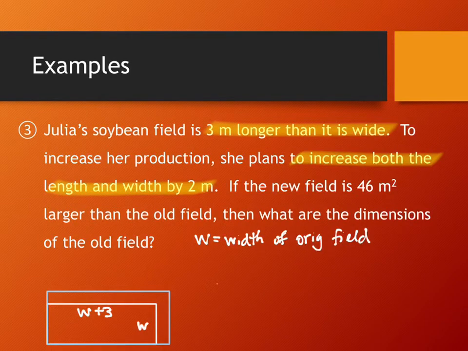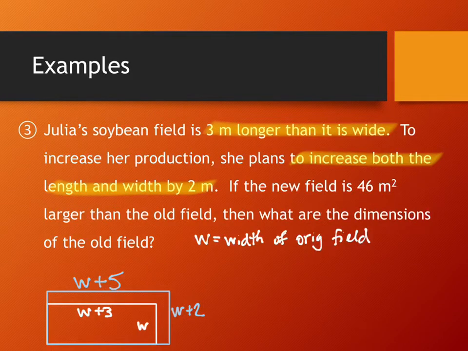And now it extends how much further out? 2 more. So instead of being W plus 3, it's now going to be W plus 5. So that's my new length of my field. Now my width right here was W, but now my width goes all the way up to here. What is my new width? W plus 2. Okay, is everybody good so far?